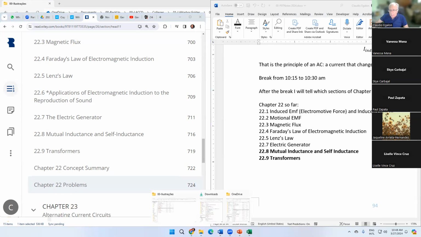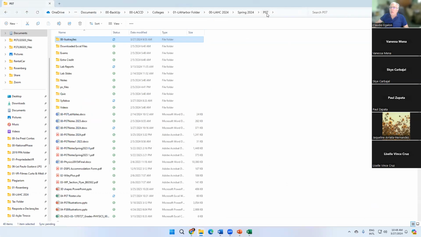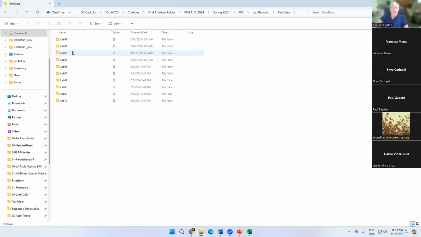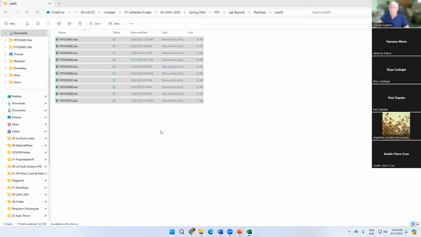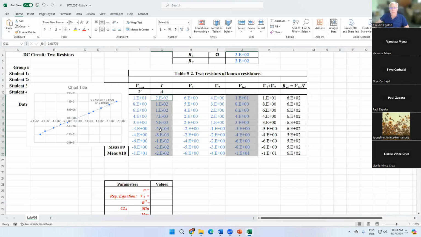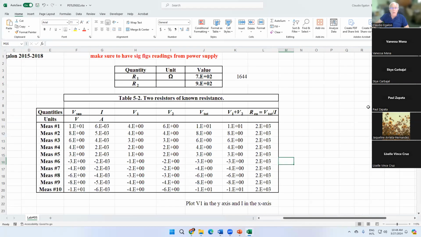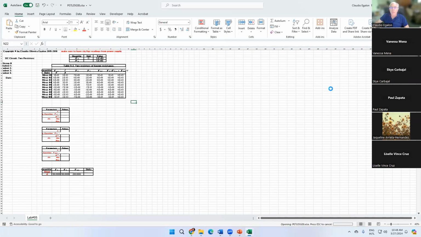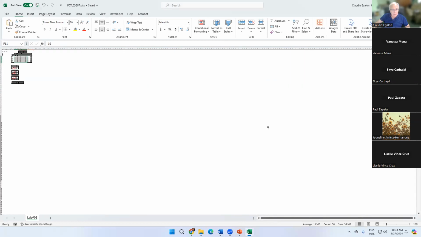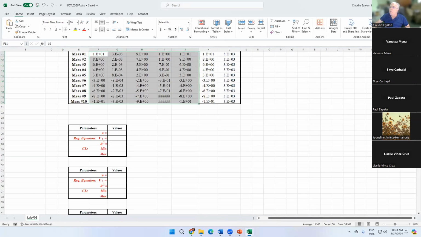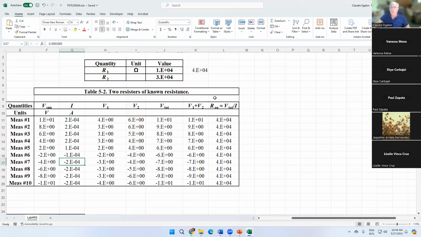Okay, and I'm going to upload the lab 5 spreadsheet to your lab report, raw data, lab 5. Let's make sure everything is in. Oh, some of the reports have a graph there already. I don't want it to be like that. Let's see. Okay, this one is good. This one is good.